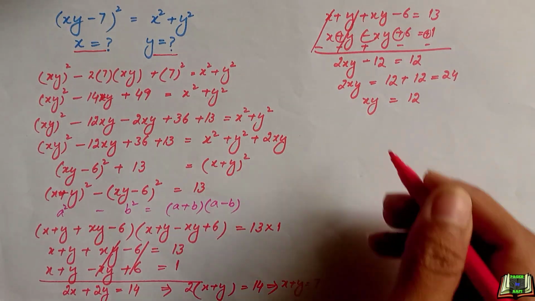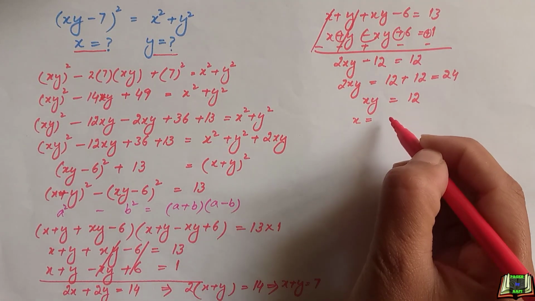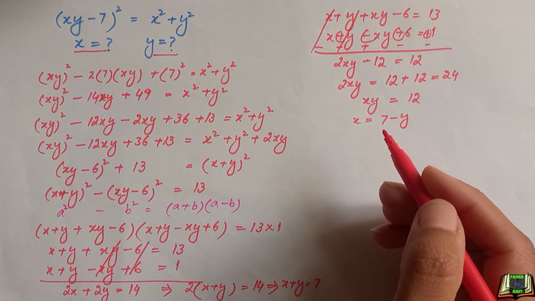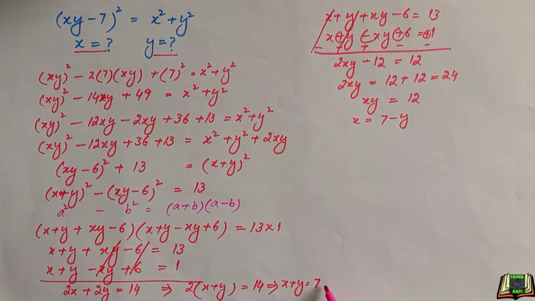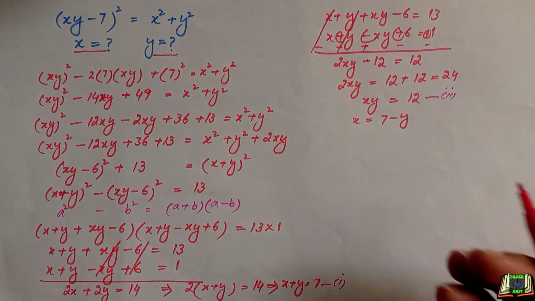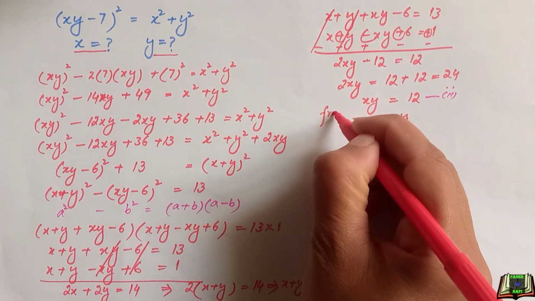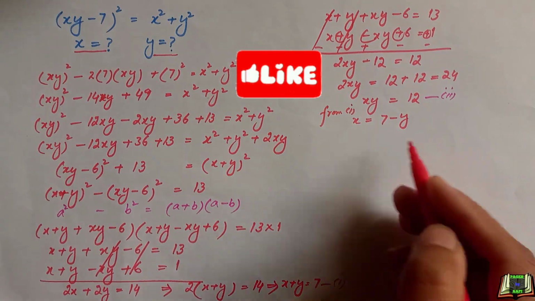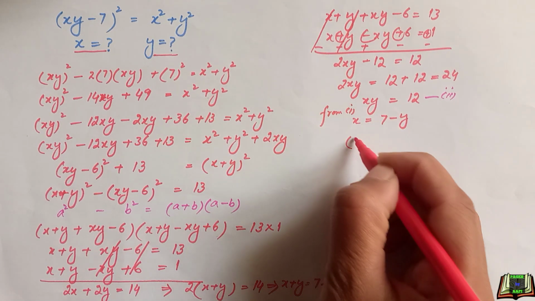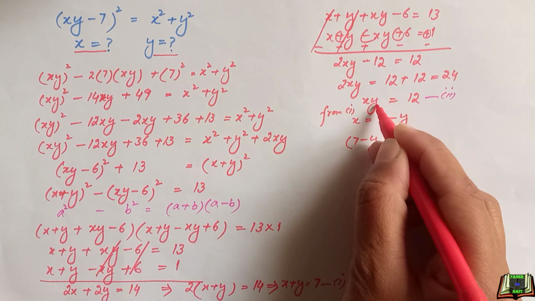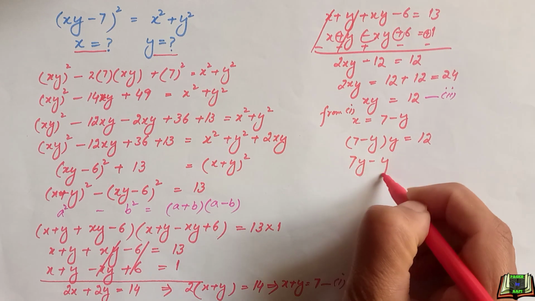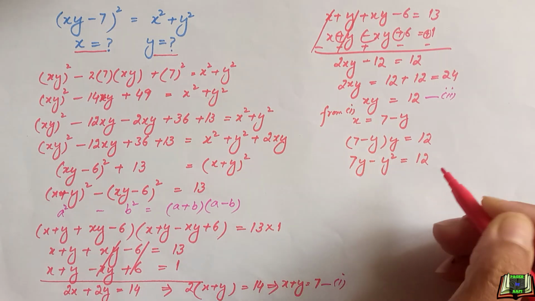But we have to find the value of x and y. For that, we will use the substitution method. Let's name these equations: this as equation 1 and this as equation 2. So we take x from equation 1 and substitute it in equation 2. x is equal to 7 − y, so (7 − y) times y is equal to 12. 7y − y² = 12.